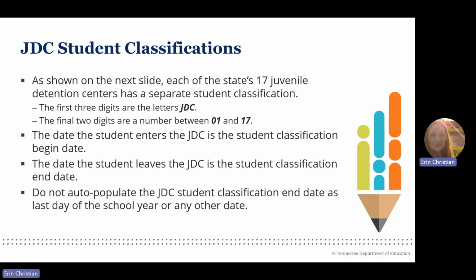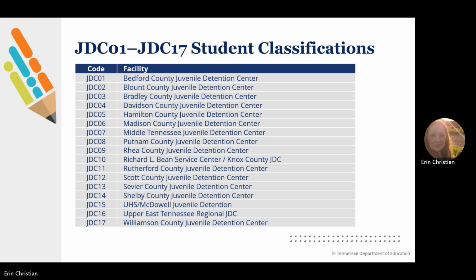The date the student leaves the JDC is the student classification end date. Do not auto-populate the JDC student classification end date as the last day of the school year or any other date. Here is a table with the codes for JDC 01 through 17.